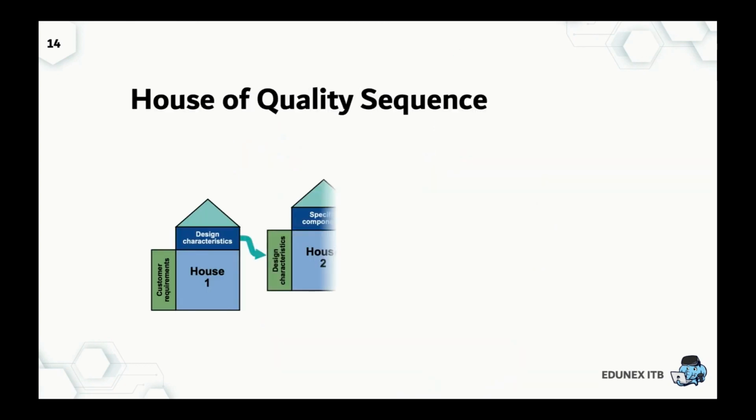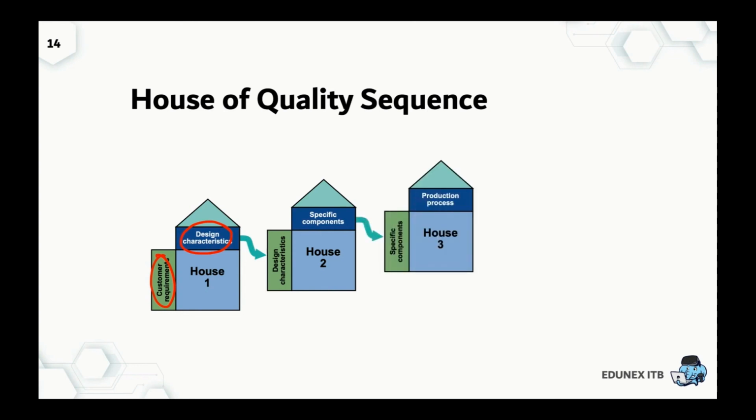In the house of quality that we already discussed before, we just try to convert between the customer requirement and design characteristic, or the feature that we want to make. But we can continue further to make the house number 2 that maps design characteristic with certain components.